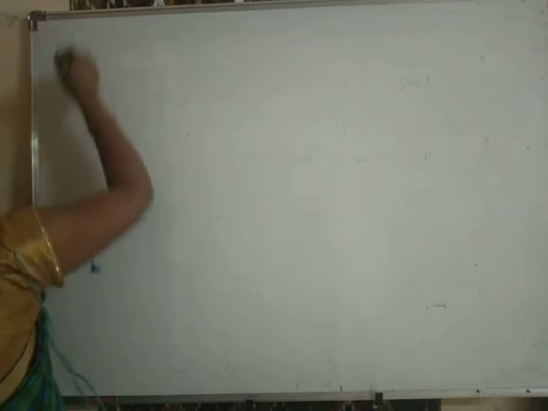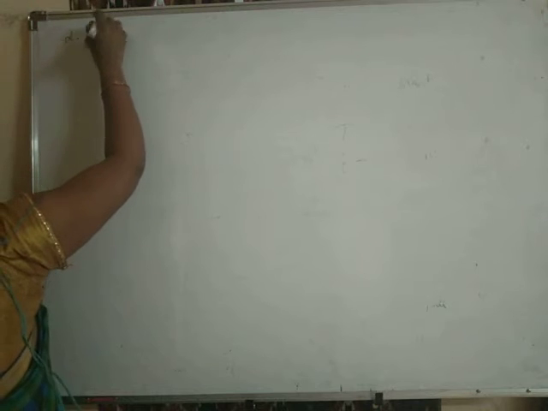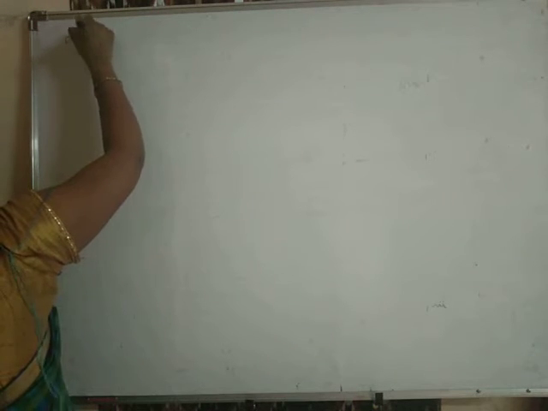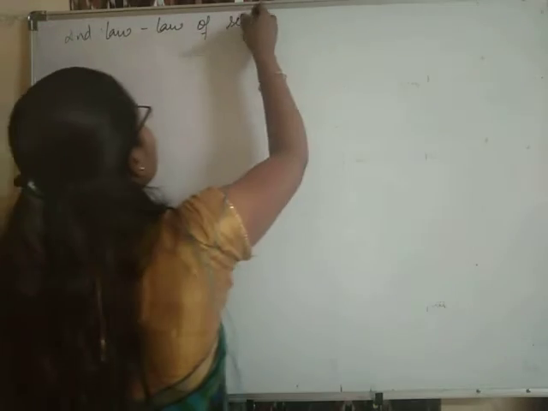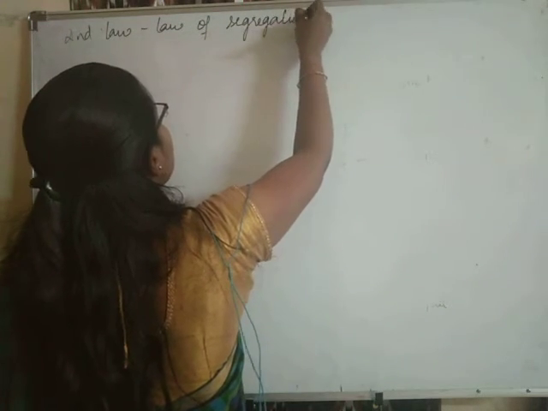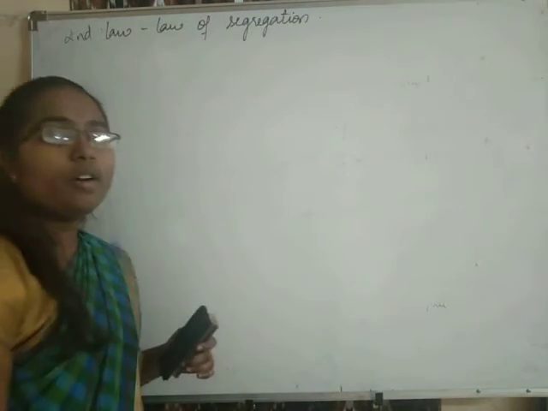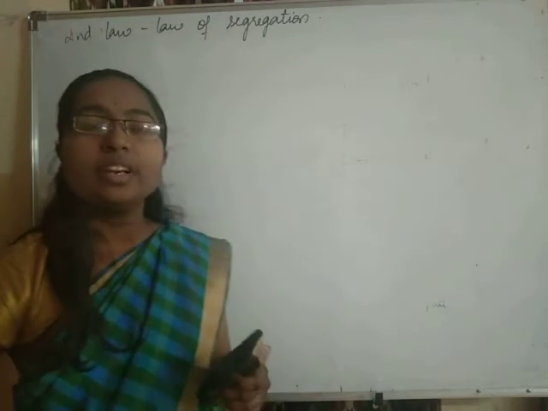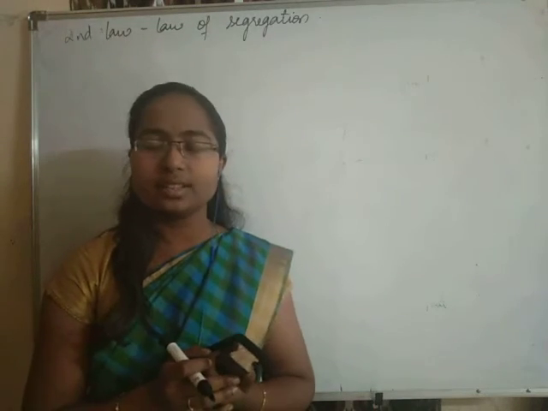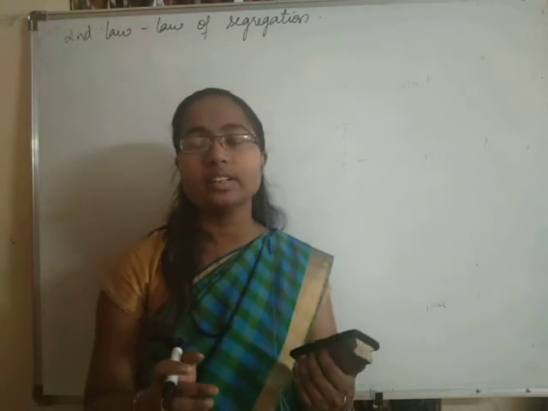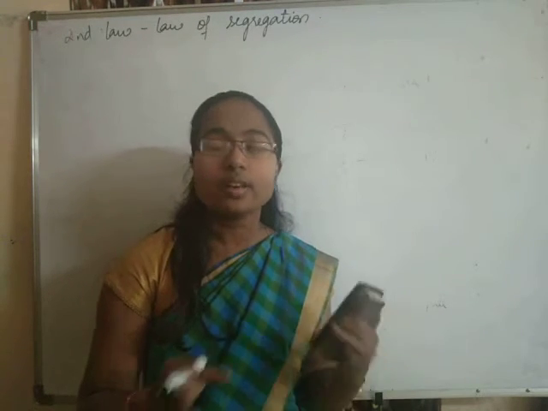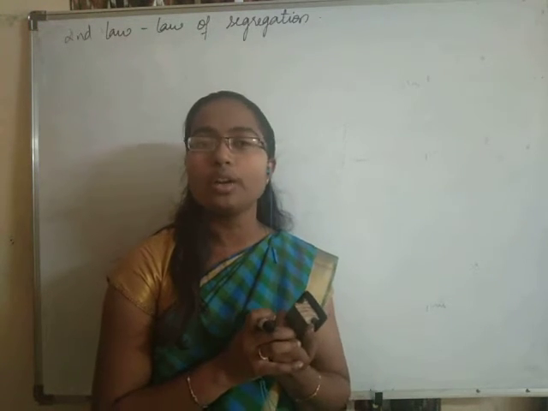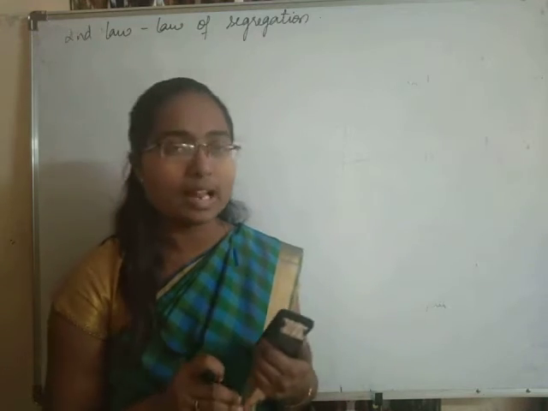Then the next thing we are going to learn is the second law, that is the law of segregation. The law of segregation says that there is no blending of the characters in the F1 individuals. As we have taken the example of tall and dwarf, we have observed only tall plants and dwarf plants.